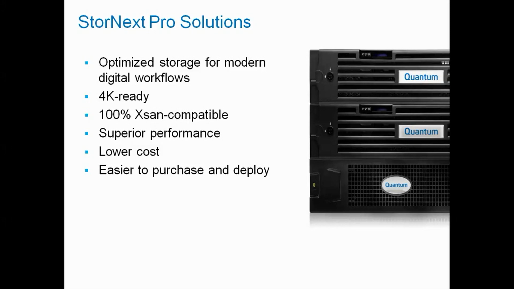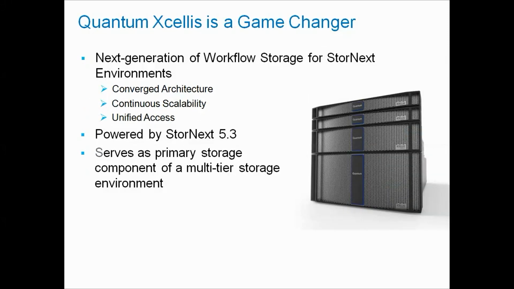With this solution, you can see that Quantum provides a whole set of workflow environments, not only the high performance storage that's available to you, but also different types of archive tiers, whether that be tape libraries, object storage, or cloud. We also introduced in late November generation 3 of our workflow storage worker node. It's basically something called Xcellis.